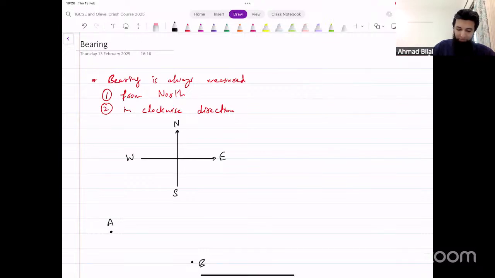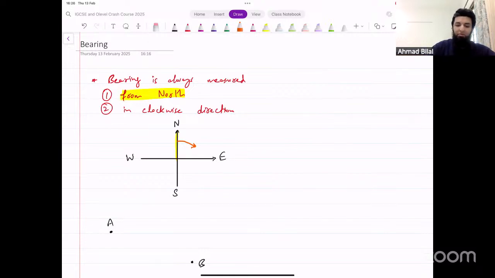So when you represent directions on a 2D diagram like this, vertically upwards is considered north, right is east, this is south, this is west. Now, when you're measuring angle for bearing, you always do it from north, so basically from this line here. And you do that in the clockwise direction. So you go like this from the north, in the clockwise direction. So that's the direction in which you will be measuring angles.